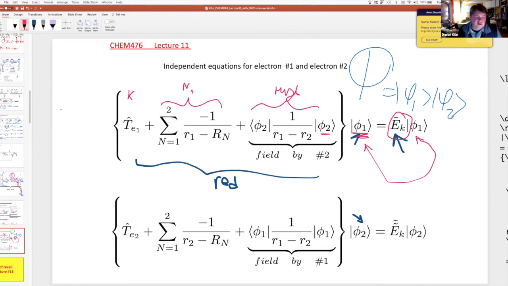So if phi 2 is known, then this equation allows us to find phi 1, and then by using the known phi 2 from here and the phi 1 that we find there, we can construct the overall wave function that depends on electrons 1 and 2.